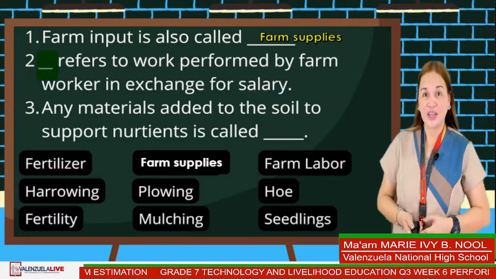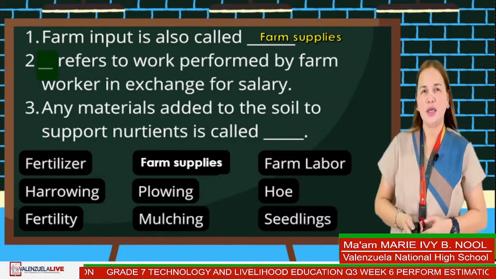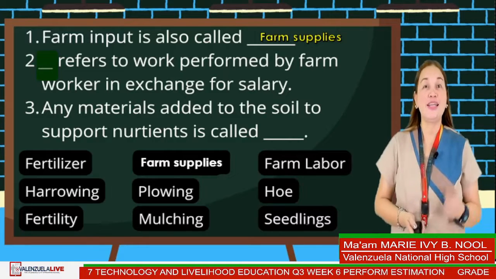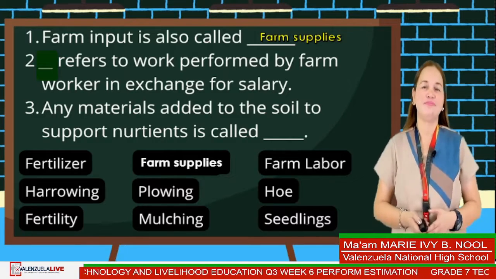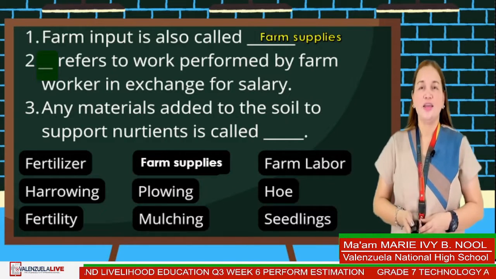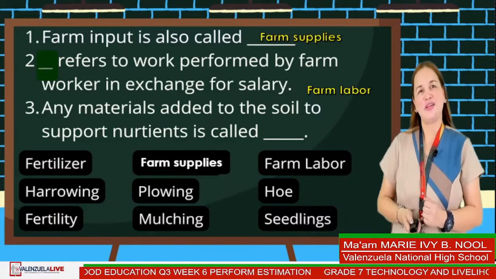The correct answer is farm supplies. Number 2. Blank refers to work performed by farm worker in exchange for salary. The correct answer is farm labor.